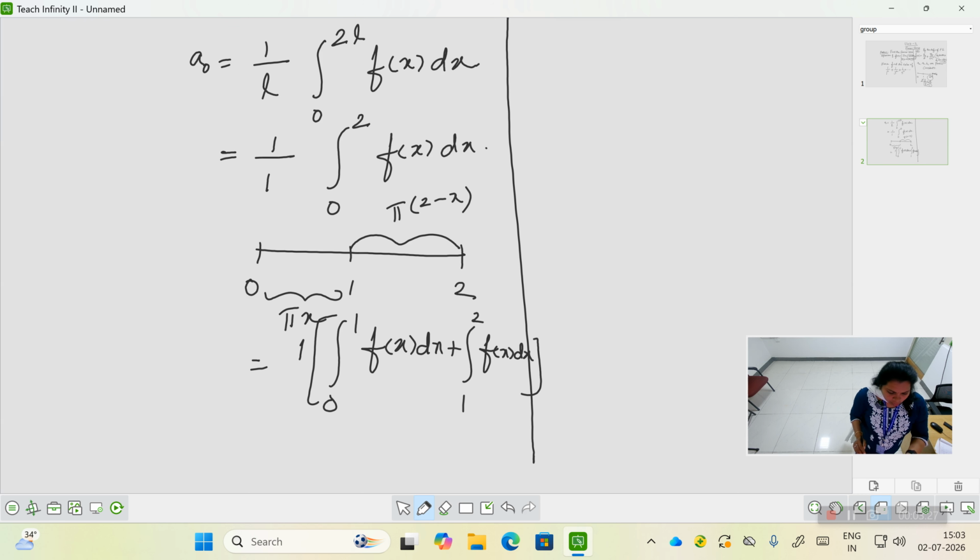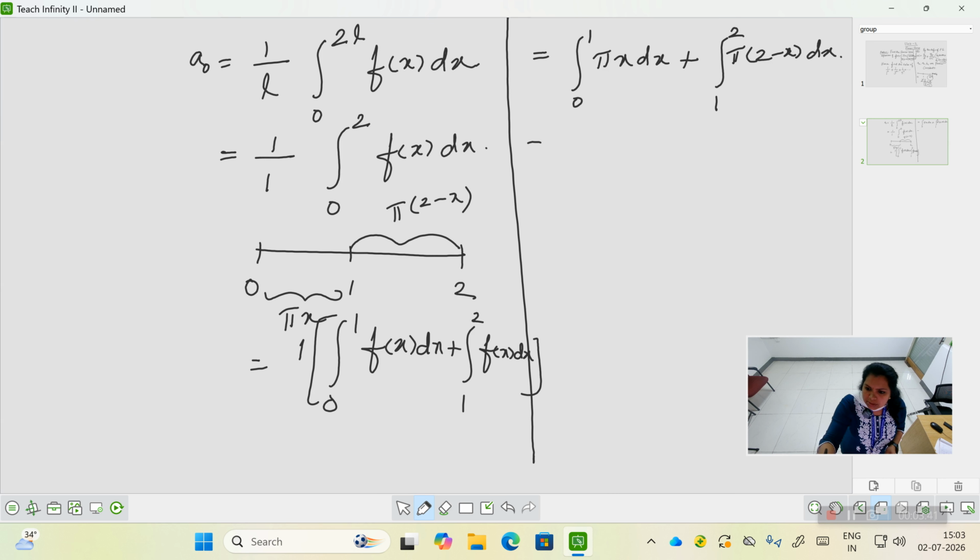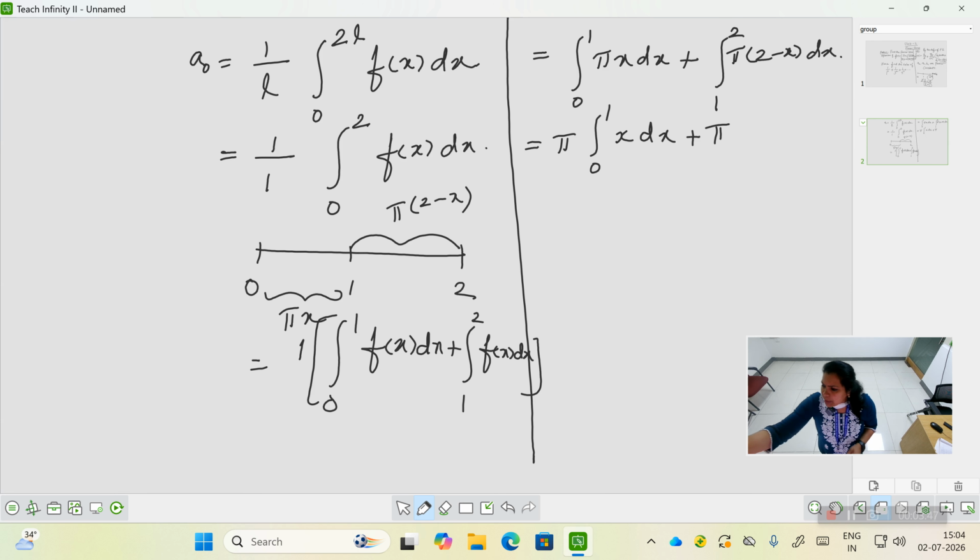As per the problem, 0 to 1 is pi x dx, and 1 to 2 we have pi into 2 minus x dx. So take pi outside: 0 to 1 x dx, and here also take pi outside, 2 minus x dx. So we know the integration now.